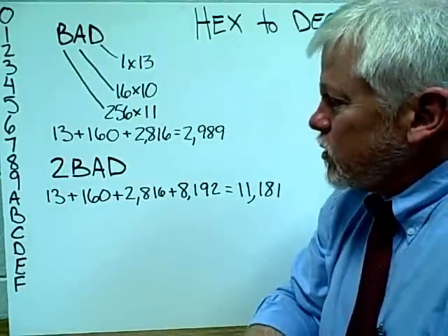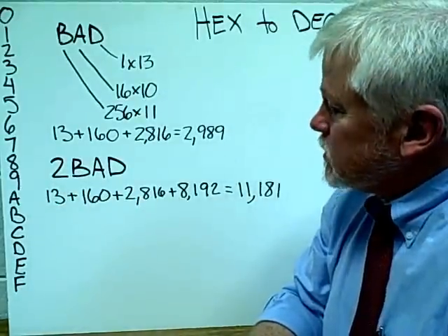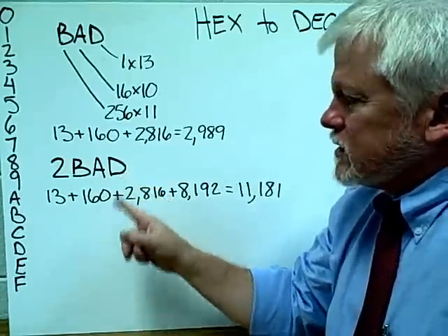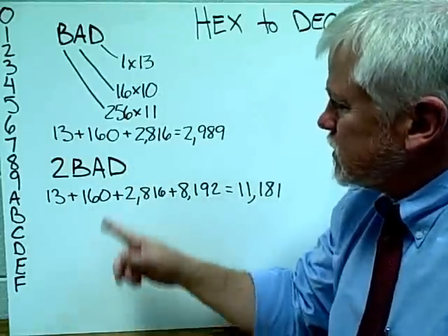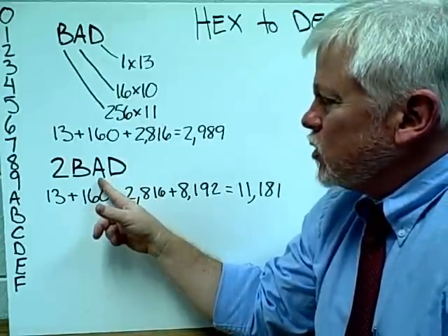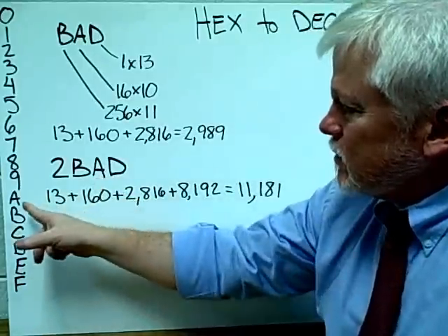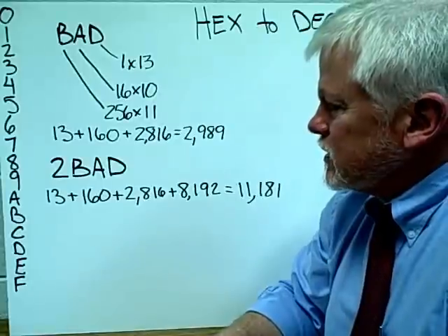This hexadecimal number, 2BAD. Again, as before, the D, which is in the 16 to the 0 place, is 13. The A, which is in the 16 place, would be 16 times 10, which gives me 160.